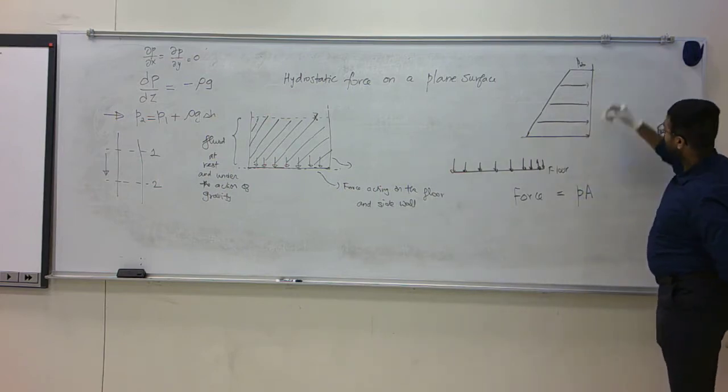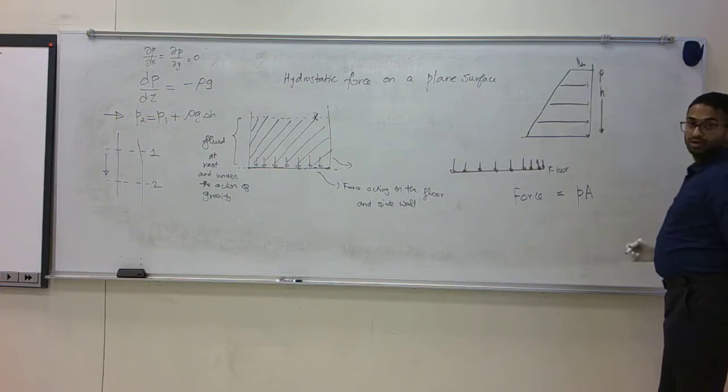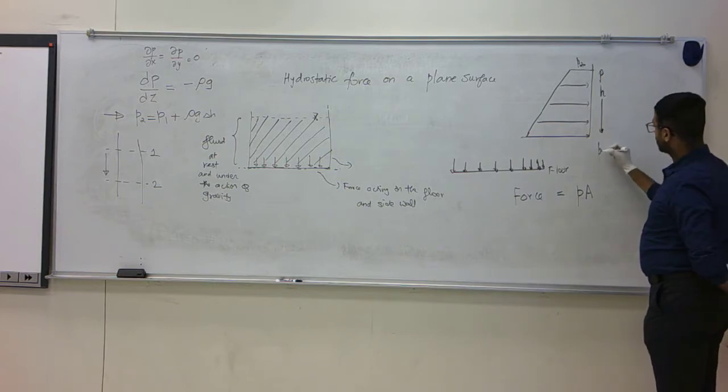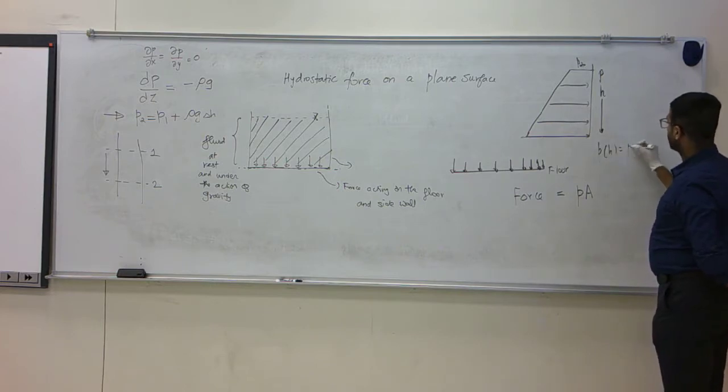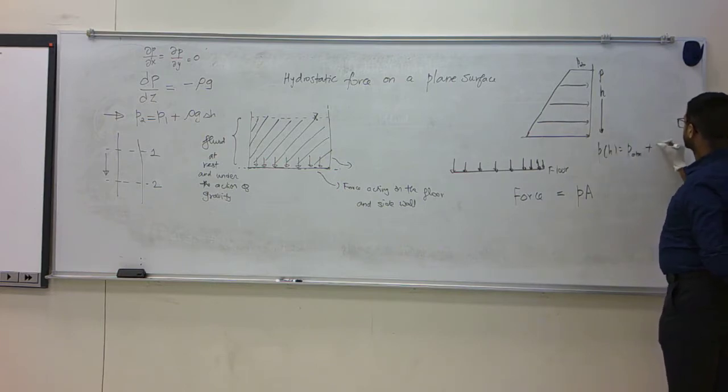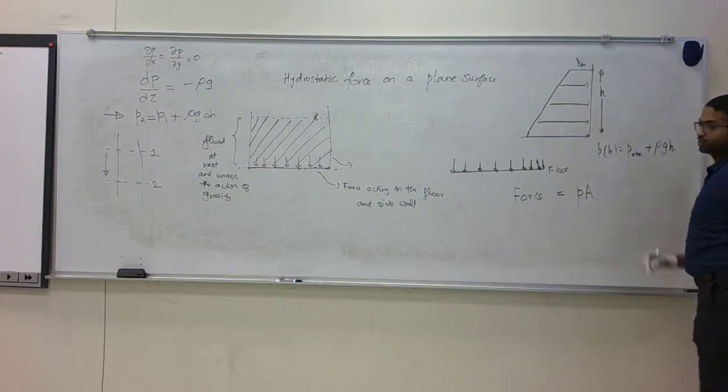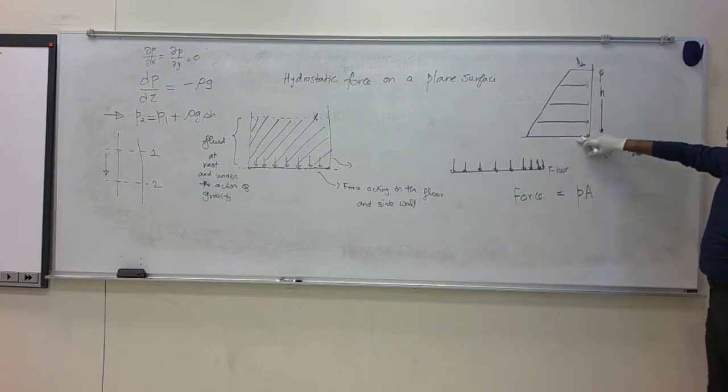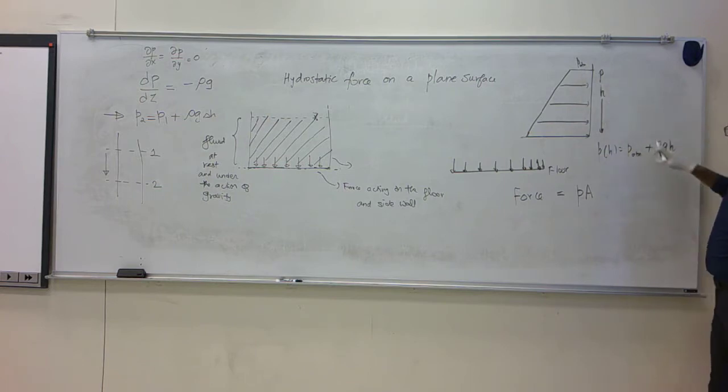So if you have P atmosphere here and this height is H, the pressure at H is P atmosphere plus rho g H. It's a linear variation.